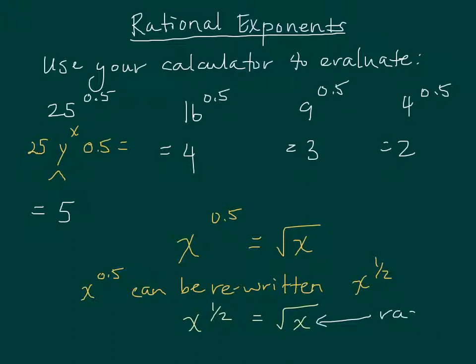Whatever was inside the radical sign was the radicand, and the little number that was sometimes written out there, although it was only implied in the case of a square root, that was called our root index. For any type of square root, we said that our root index was 2. We didn't write it in because it was a common root that we would find. Notice that the denominator of the fractional exponent is the same as the root index were we to write it in.